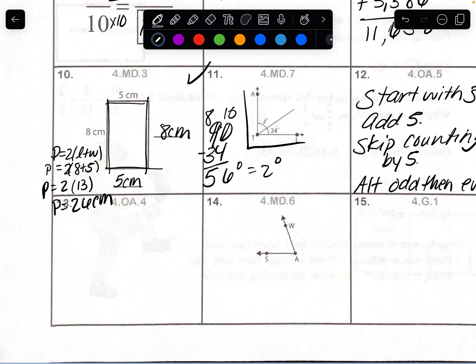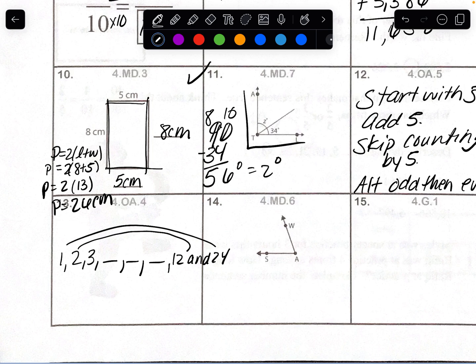All right, 13. 24 is a multiple of 1, 2, 3, blank, blank, blank, 12, and 24. All right, well, boys and girls, these are your factors. So obviously it's 1 times 24, 2 times 12. This would be 3 times 8, and 4 times 6.